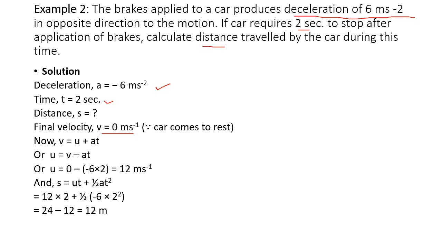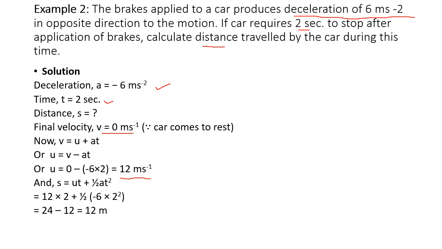So we are going to consider this 0. And now V equal to U plus AT. According to the first equation of motion, V equal to U plus AT. Now substitute your values. V is 0. U, you're going to calculate. And A is given in the question itself, minus 6. And T is also given, 2. So you will find 12 meter per second as initial velocity.